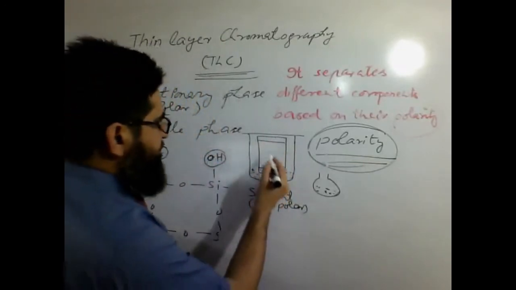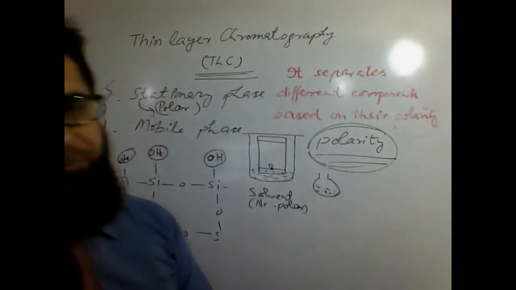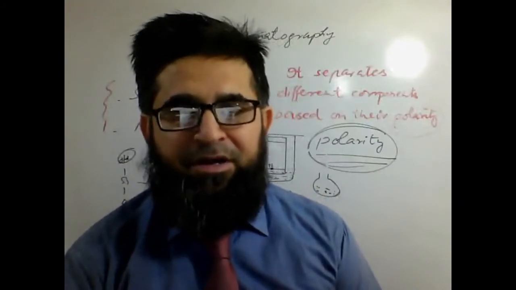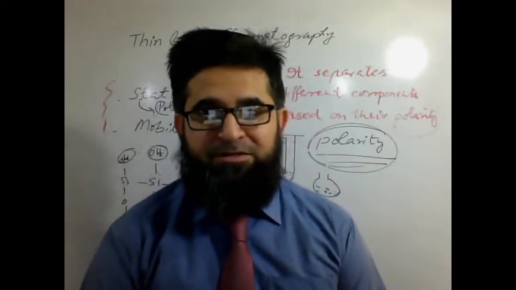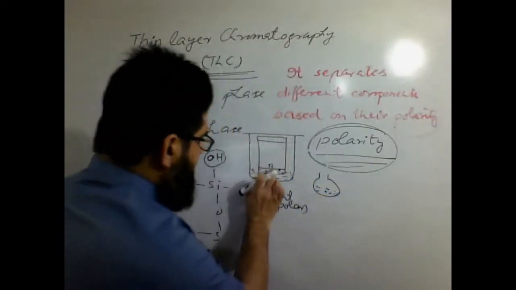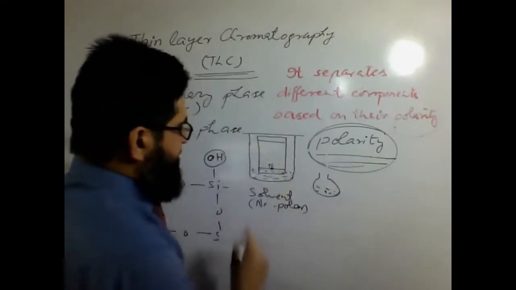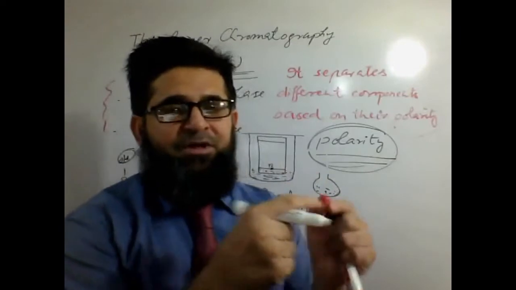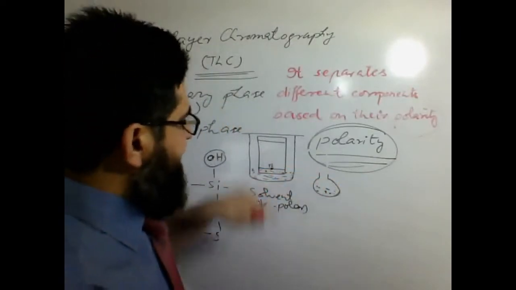As it is moving up, I've told you the hydroxyls are everywhere. Those hydroxyls will create hindrance for their movement. The hydroxyls are supposed to be polar. If the molecule placed on the base of the TLC also carries some polar group, they will have some sort of interaction with each other, so there will be hindrance in the movement.